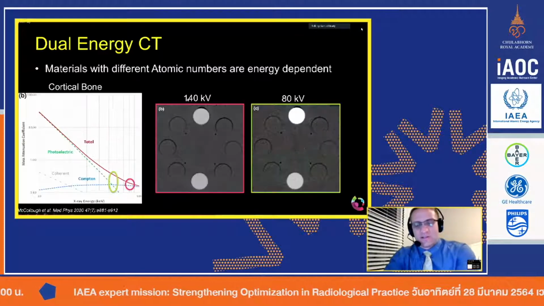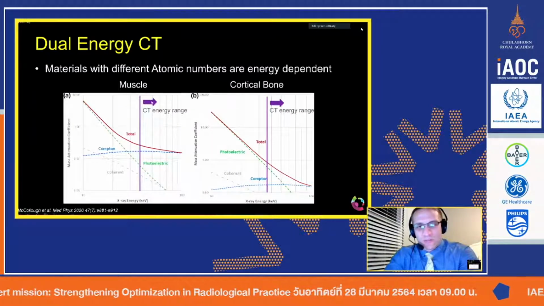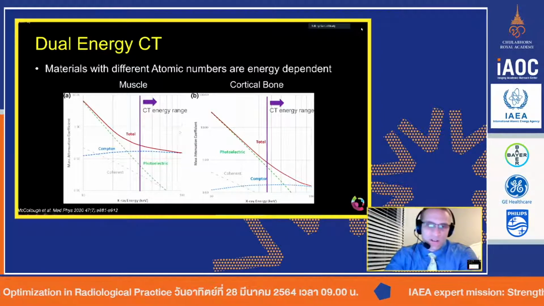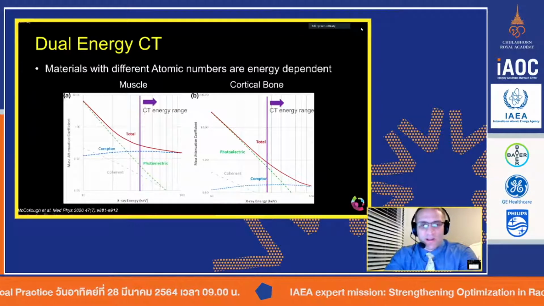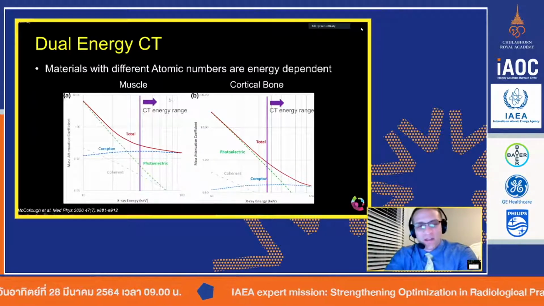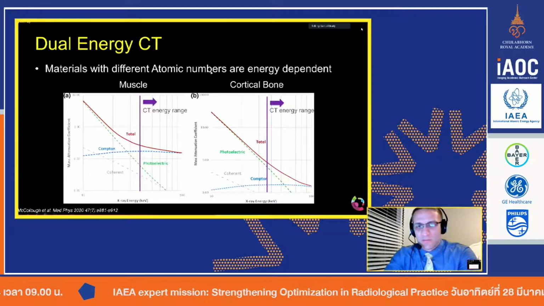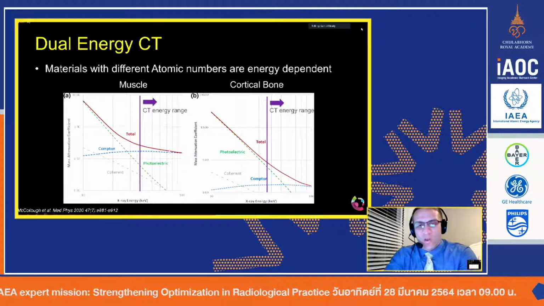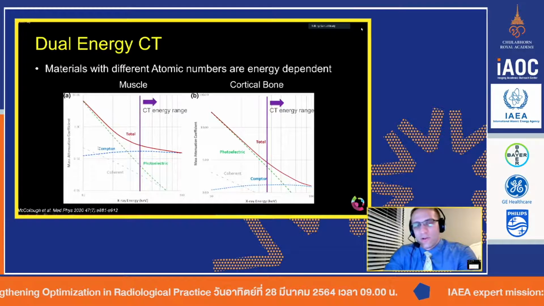In this area, from this purple line to the right, this is the CT range. So if you use 120 kV or 80 kV, 80 kV would be on the low end, 120 kV obviously would be on the high end. And it just depends on the type of tissue. For example, here's muscle and cortical bone, and the energy determines which type of interaction the X-ray will undergo.